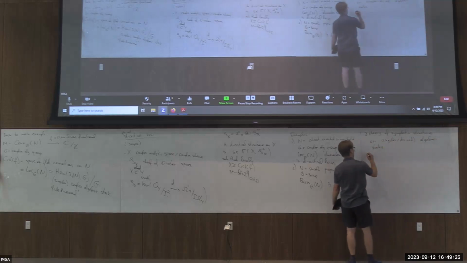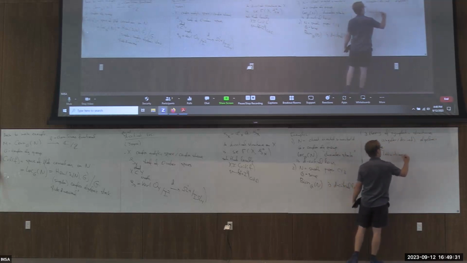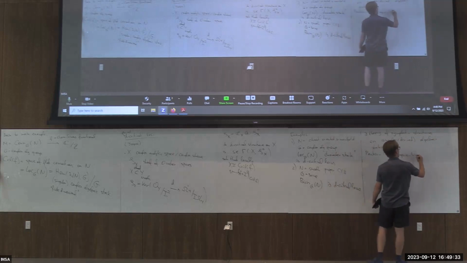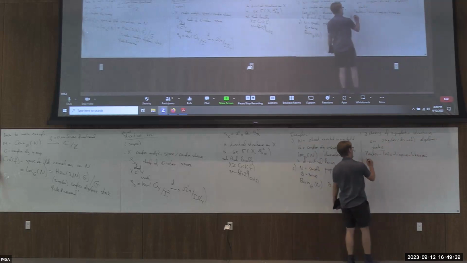This was introduced by Pantev, Toën, Vaquié and Vezzosi, under the name of shifted symplectic structures.